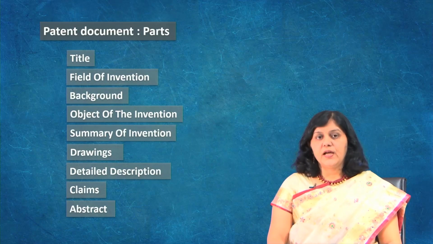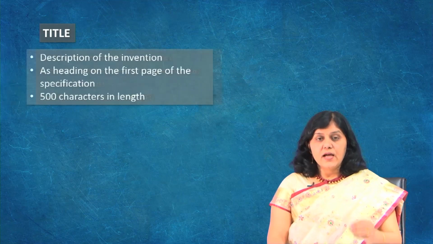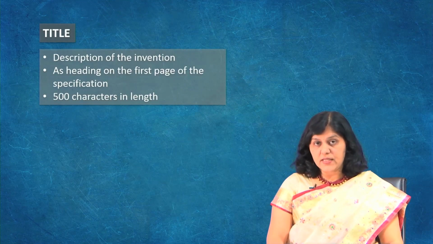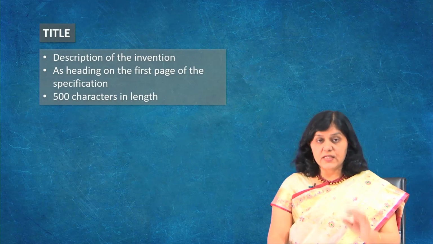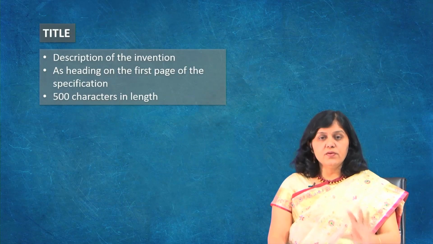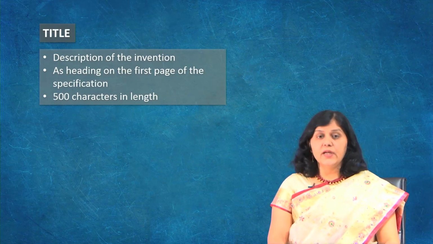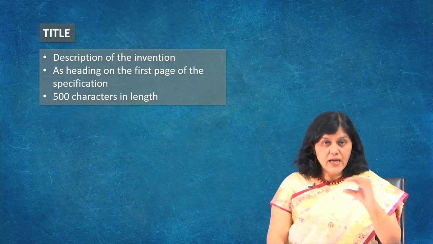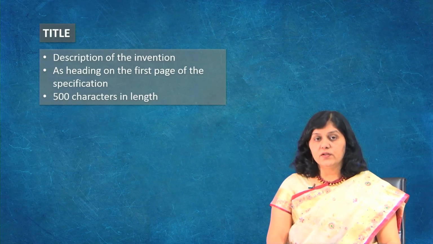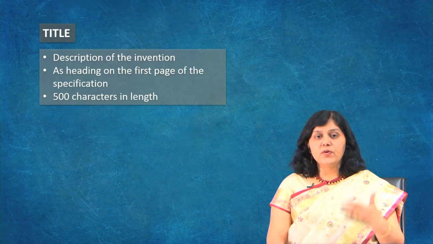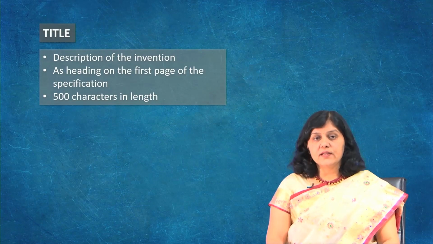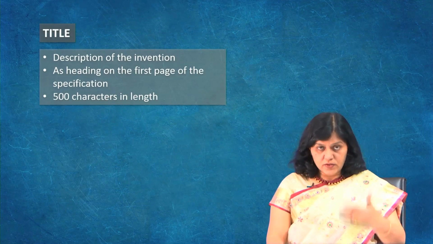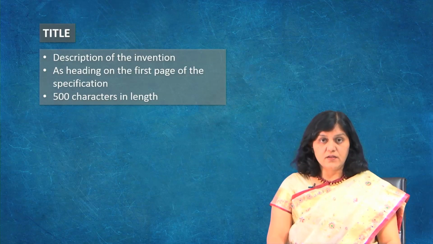Please see. So, let us take an example, first start from the title. Now, as per section 10 of the Indian Patents Act 1970, it is expected that the title gives you a broad idea about the invention. This is the heading of the first page of the document. That is, after the bibliographic information, you will see the title on the first page.